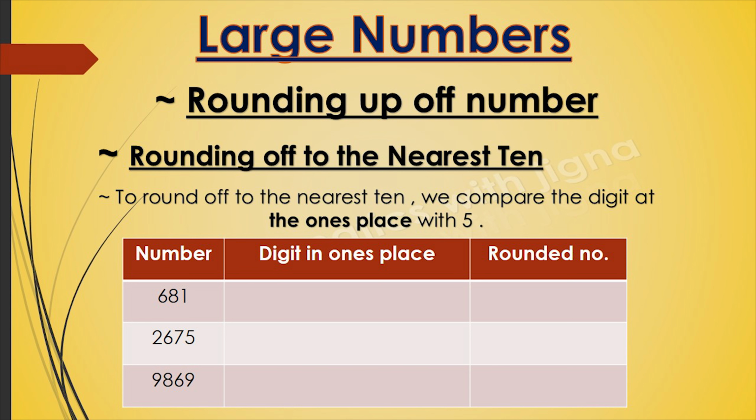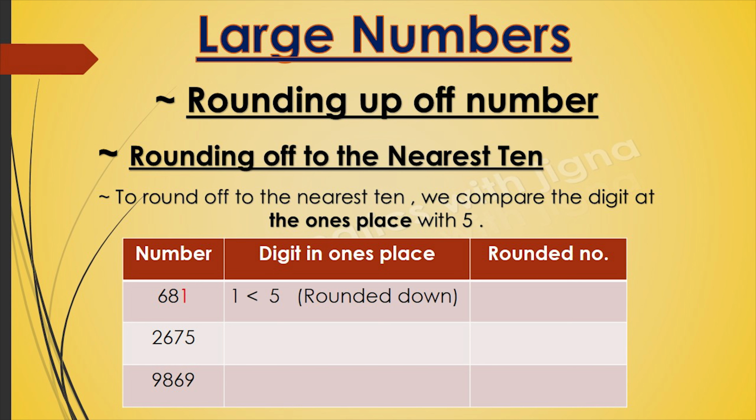Here we have 3 examples. Our first number is 681. To round off to the nearest 10, we compare the digit at the ones place with 5. So here 1 is in the place of ones.